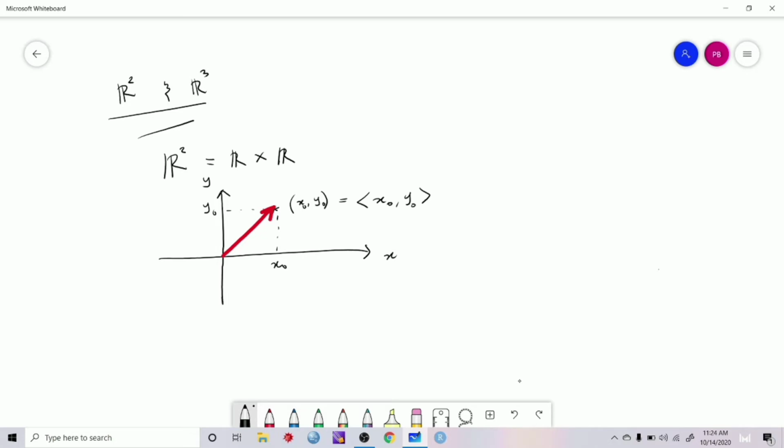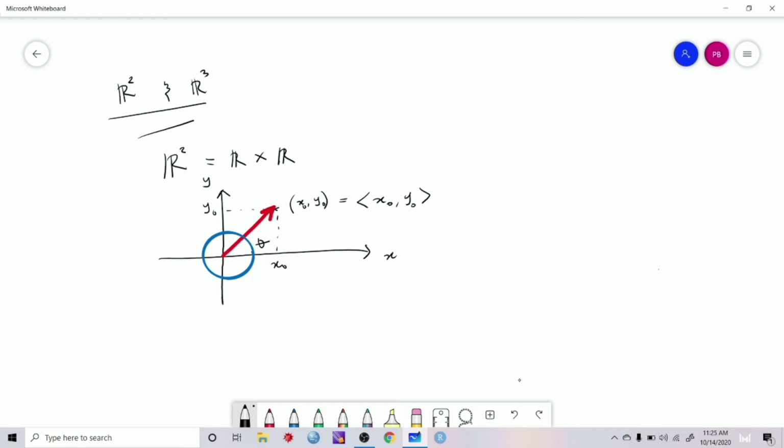Now, there's also another way to represent the point x naught, y naught in terms of the angle theta. So let us first draw a circle here, wherein we have here theta.